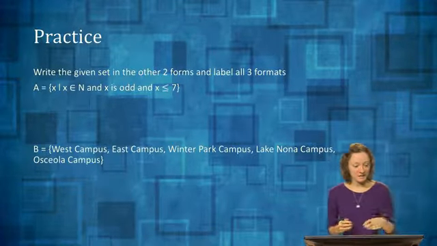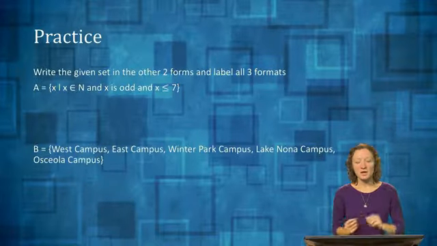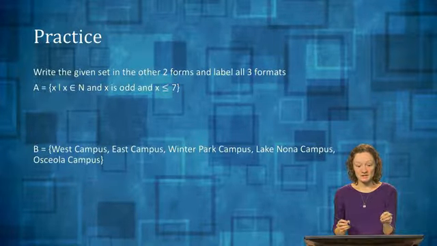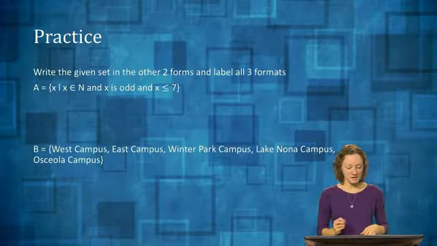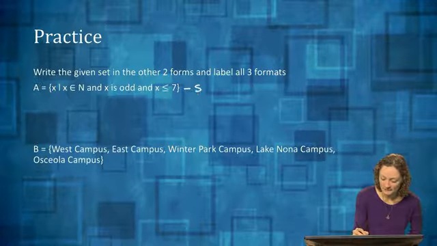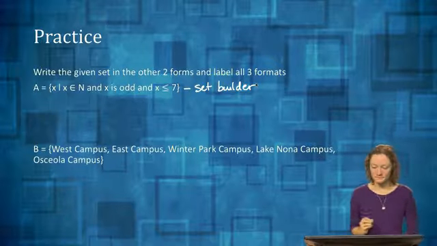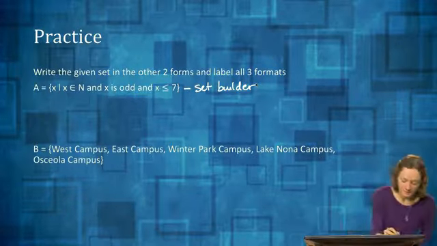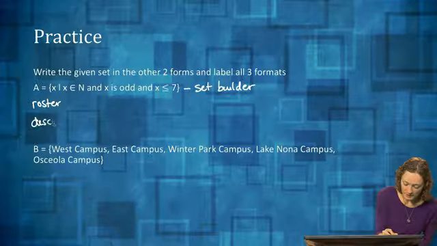All right, so let's take a look at these. We are given two different problems. We are asked to decide how it is presented and then say what the other two are and make the conversions. So our first problem is presented with Set Builder. The other two are roster and description.